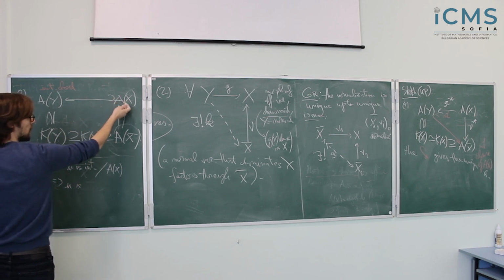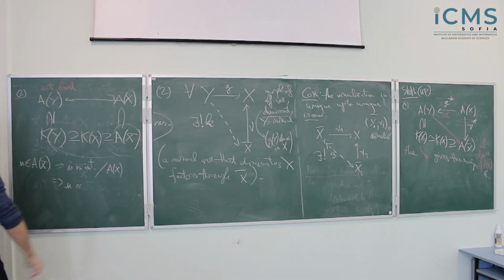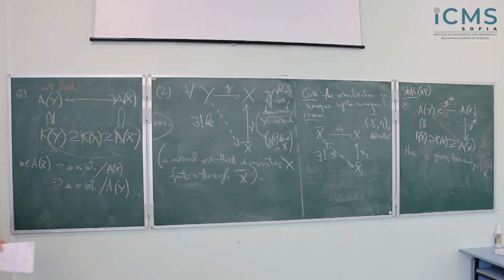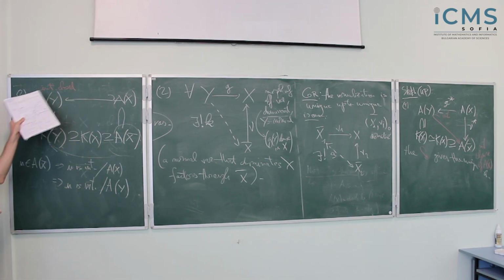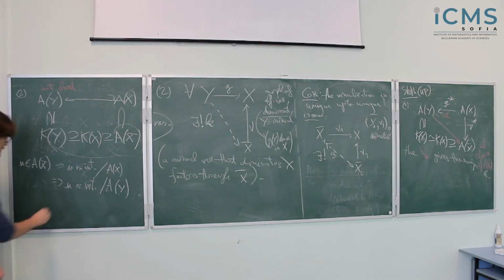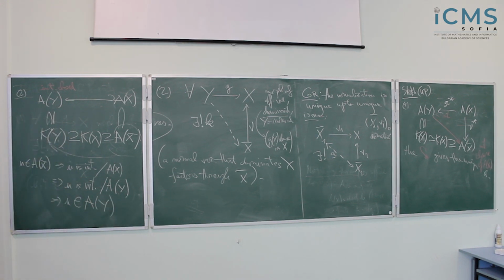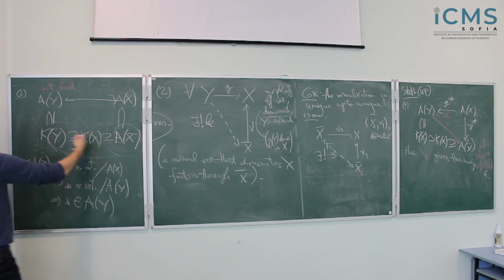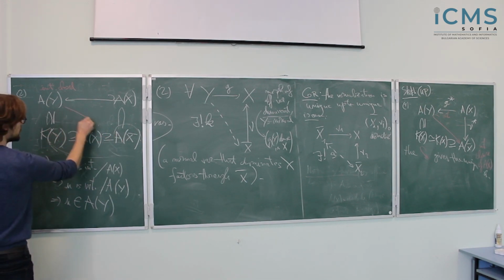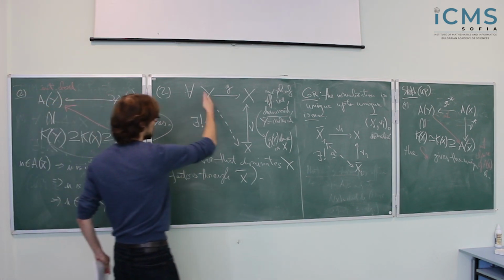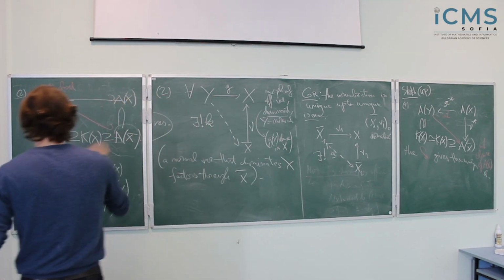A monic polynomial in coefficients here is also a monic polynomial in coefficients here. But since A(Y) is integrally closed, this inclusion means A(X bar) not only arrives in K(Y), but actually arrives in A(Y). And this red inclusion will give us our unique morphism.